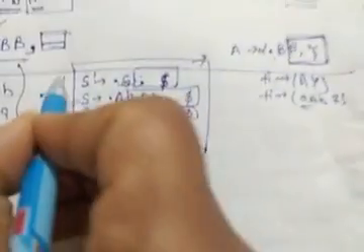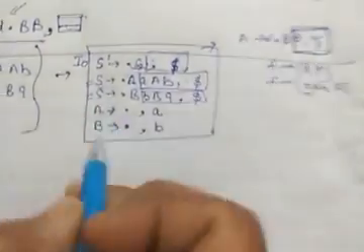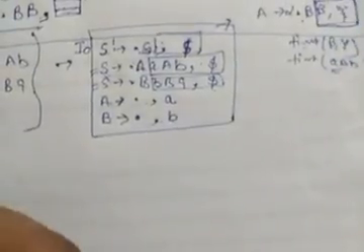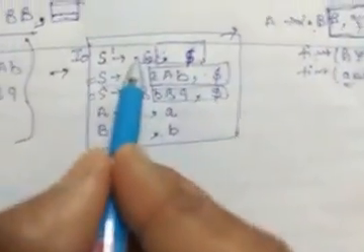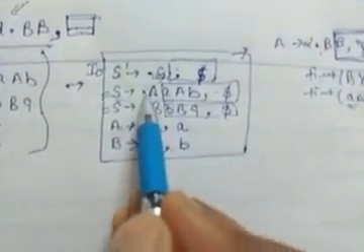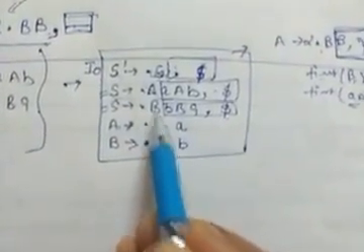So it will become our zeroth state, state zero. Now we will find the go to of all elements which come after dot. In this, after dot there is a non-terminal, after dot there is a, after dot there is b.